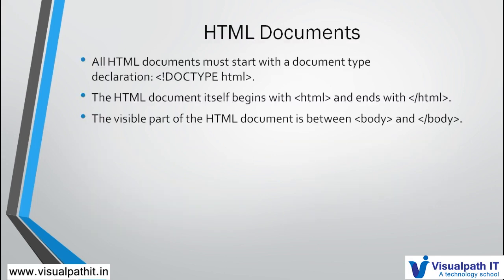Now moving next, we'll see how HTML5 is documented tag-wise. All HTML documents must start with a document type declaration, which is open angle bracket, exclamation mark, and DOCTYPE html. This tag defines which type of document we are going to use in HTML.